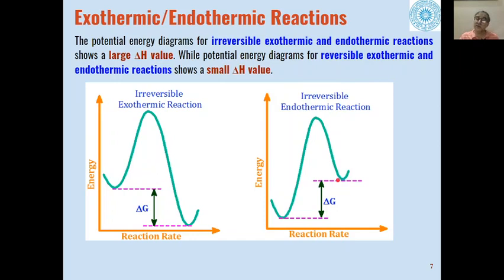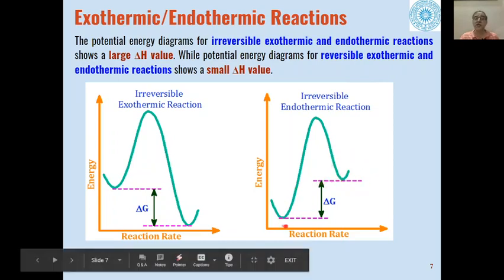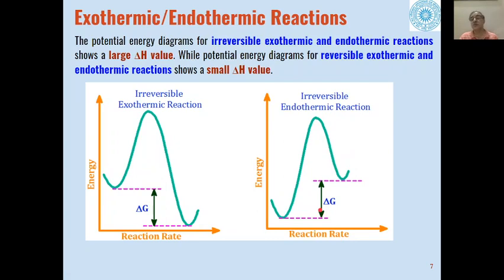And in the case of endothermic reactions, the energy of the products is higher than the energy of the reactants. That means we have to supply this much energy to the system for the reaction to get converted into the product.